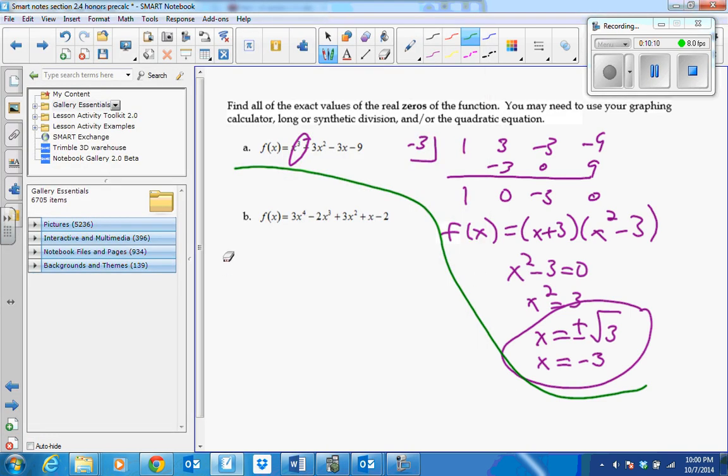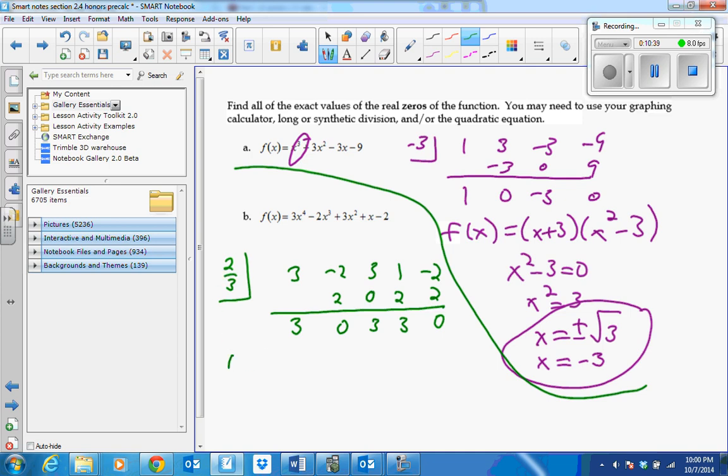So going back here, we have 2/3 as a root, and then we have 3, -2, 3, 1, -2. So bring down 3, multiply times 2/3, that gives us 2, 0, 0, 3, 2, 3, 2, 0. So remember how we did that last factor?